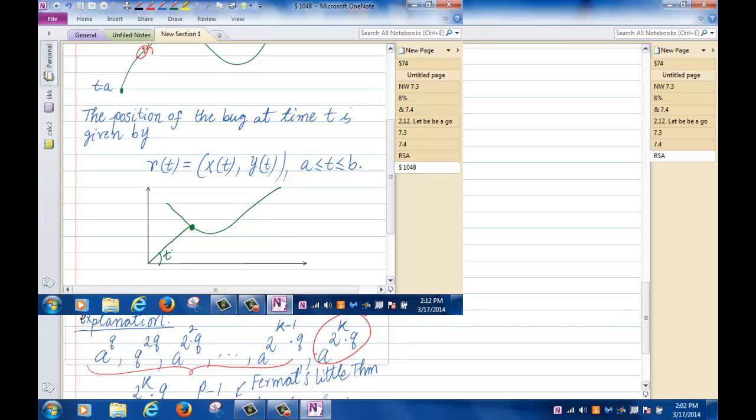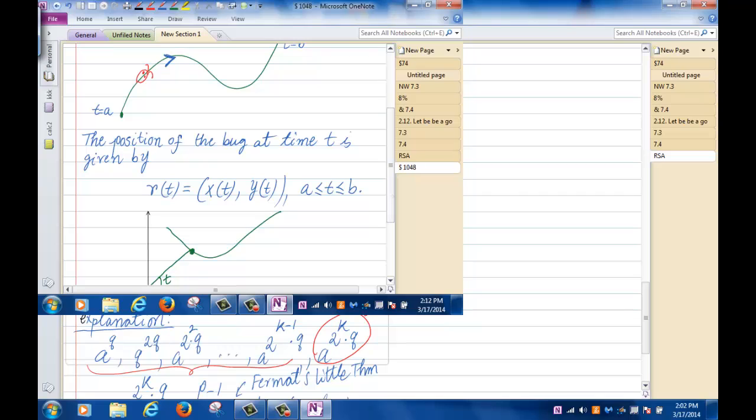And in application, I can think of the parametric curve giving me the path of a moving object. Now, when my wife saw me writing this bug, she was like, why do people care about bugs? But the bug could be a plane, or the satellite or something else.